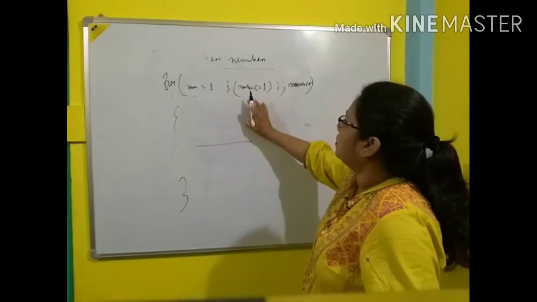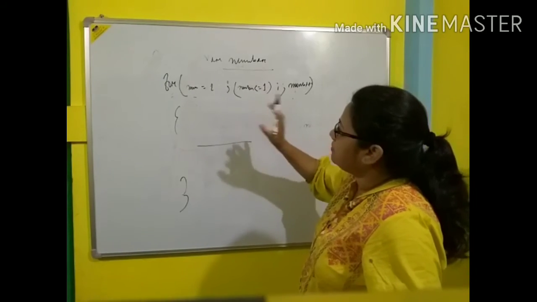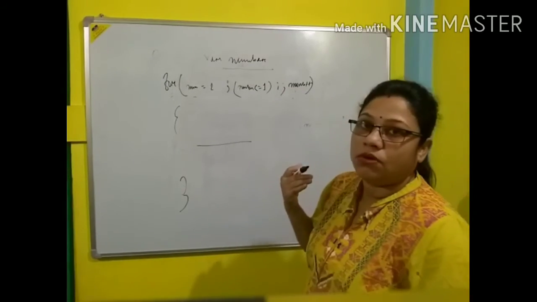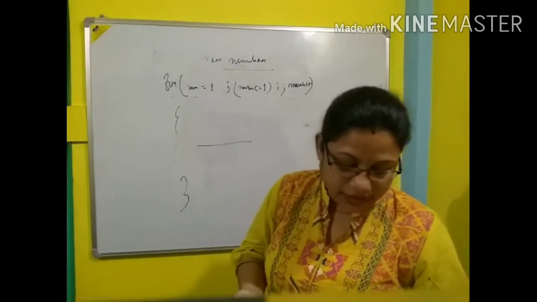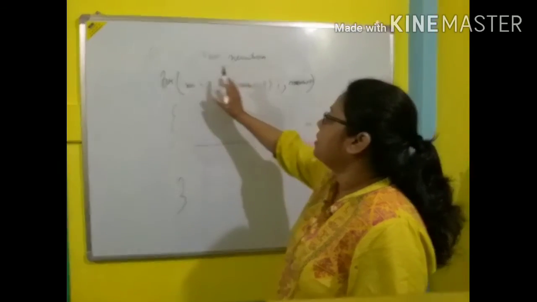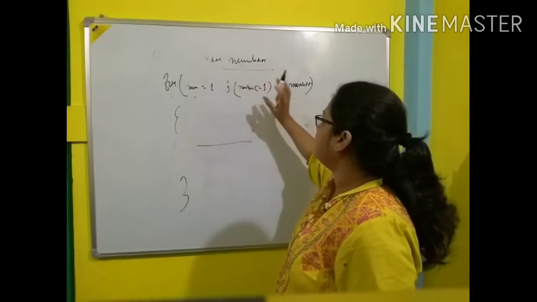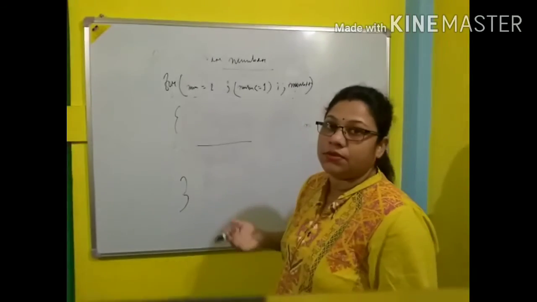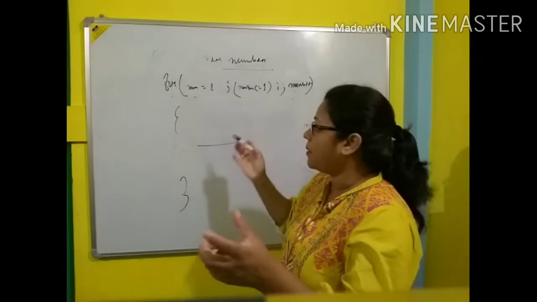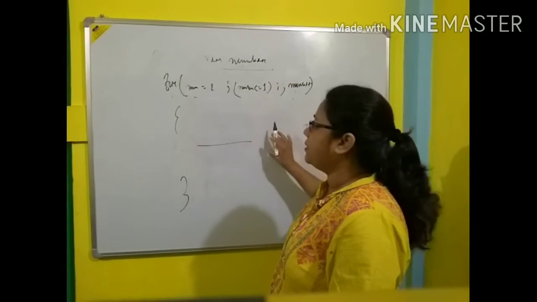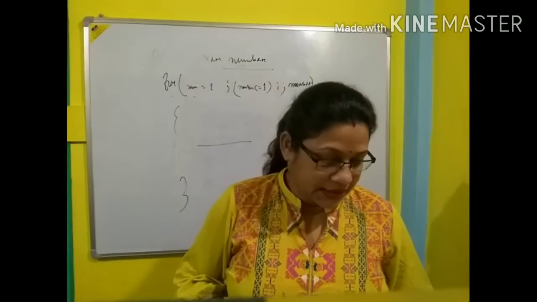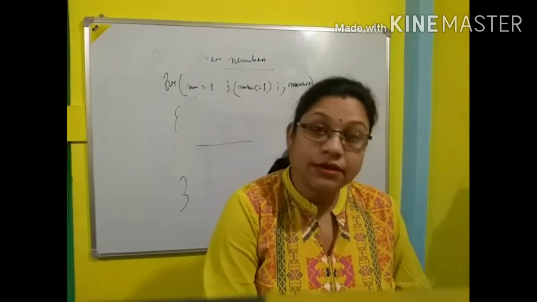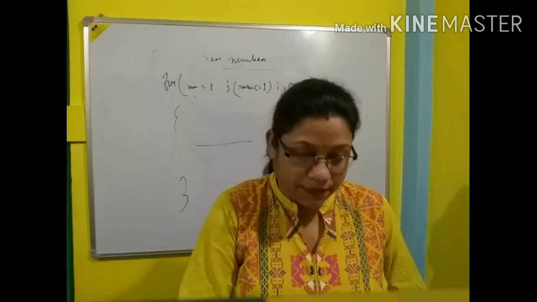Look at the difference between the for loop and the while and do while loops. Here we put the initialization, the condition and the use of the increment or decrement operator together, and here we write down the program. So this is how we executed the program using the for loop.